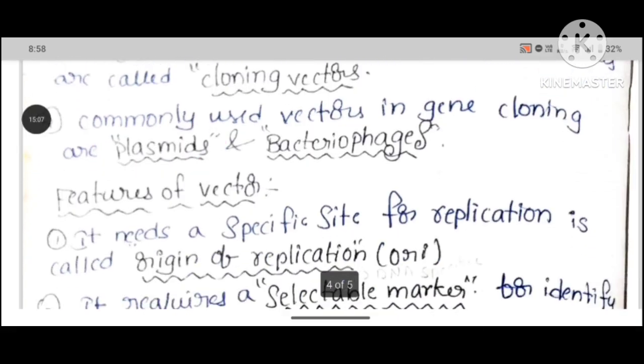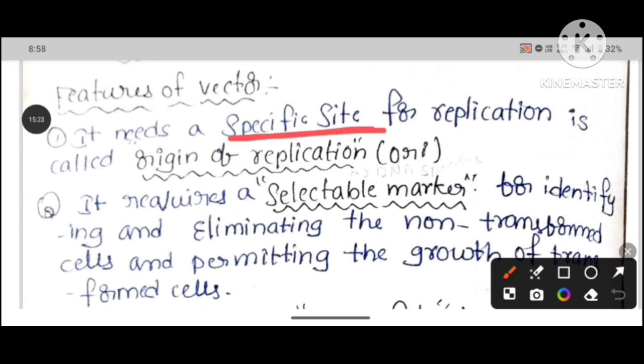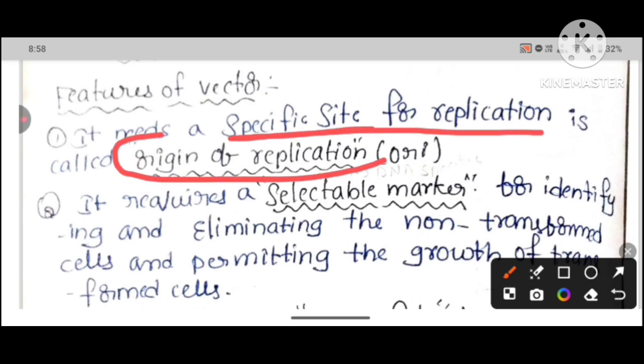There are some features for a vector. There must be some properties of a molecule for us to select or categorize it as a vector. The vector needs to have a specific site for replication, known as the origin of replication. It also requires a selectable marker for identifying and eliminating the non-transformed cells and permitting the growth of the transformed cells.